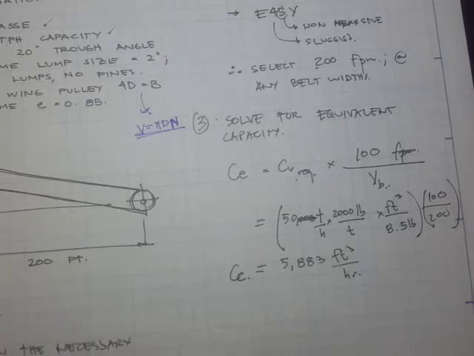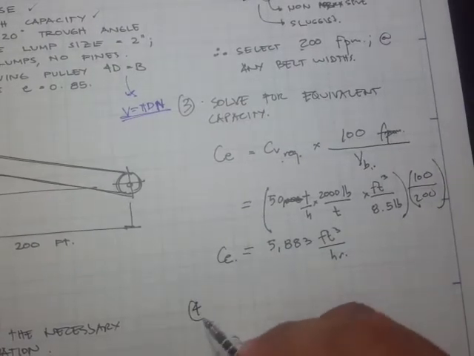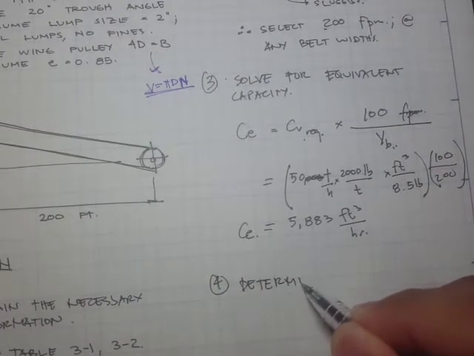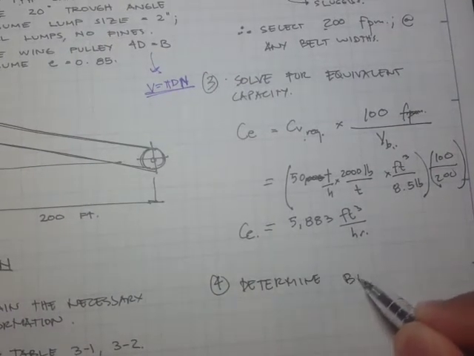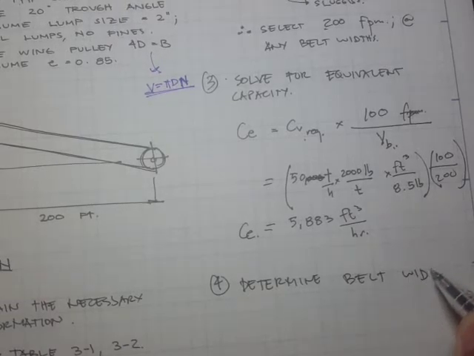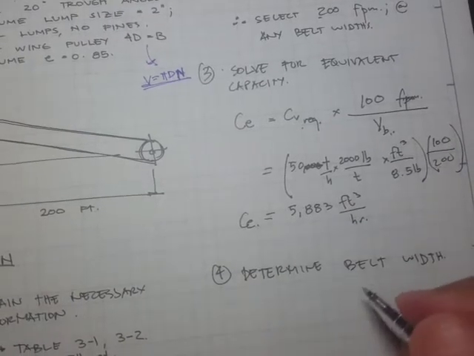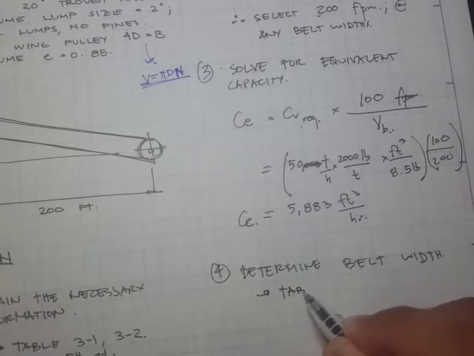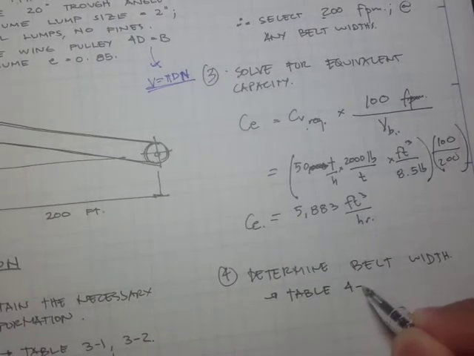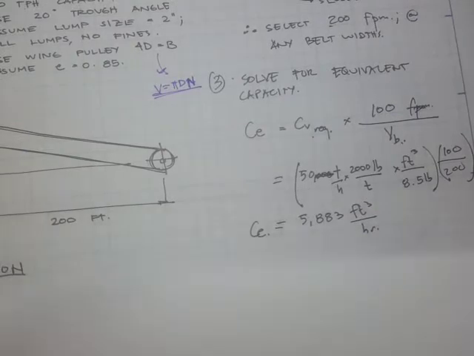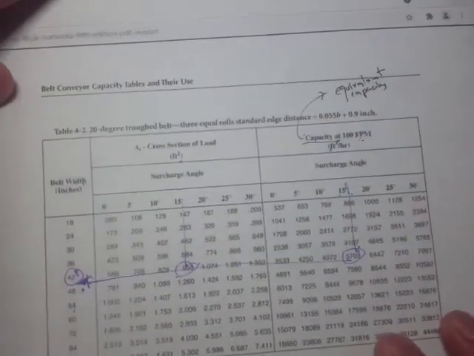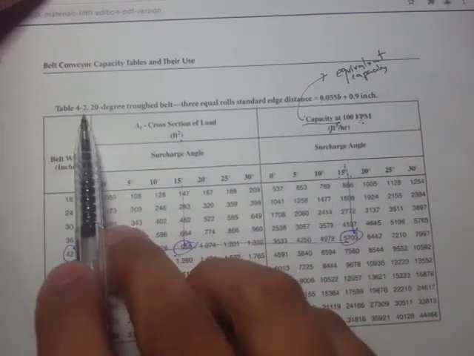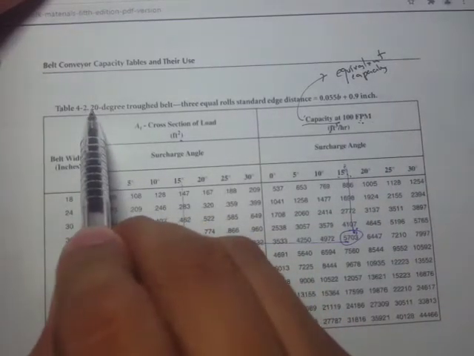Okay, so after that, we can now determine belt width, and in doing so, we need to enter table 4-2. Okay, so this is now our table, and we have here the 20-degree trough belt.